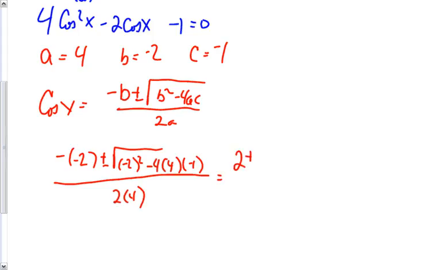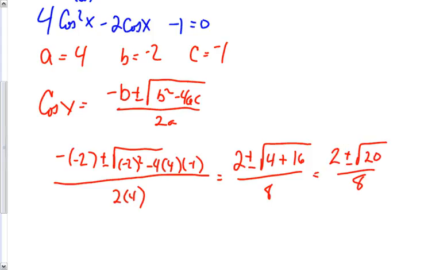That's 2 plus or minus the square root of 4 plus our wonderful number, which is 16, all over 8. If I simplify it, it's 2 plus or minus the square root of 20 over 8. Can I break down 20? In the words of Hammer, break it down. It does. It's 4 times 5. So the square root of 4 is 2.